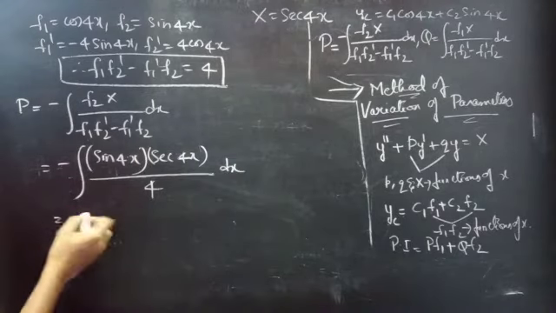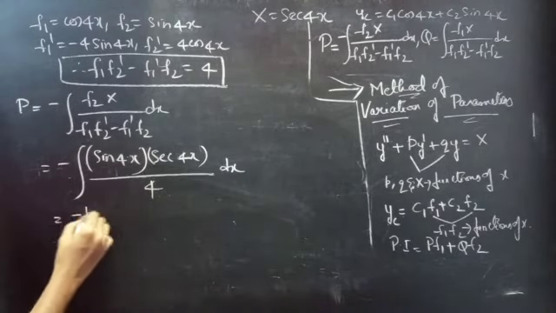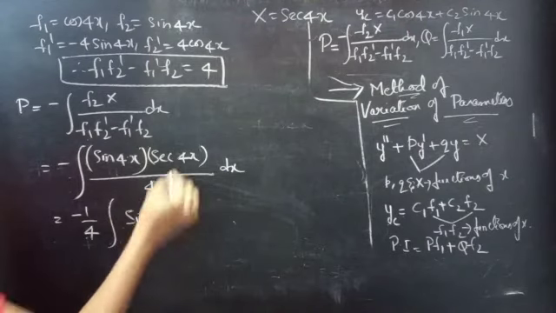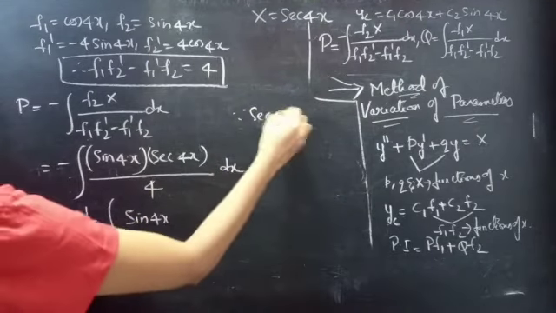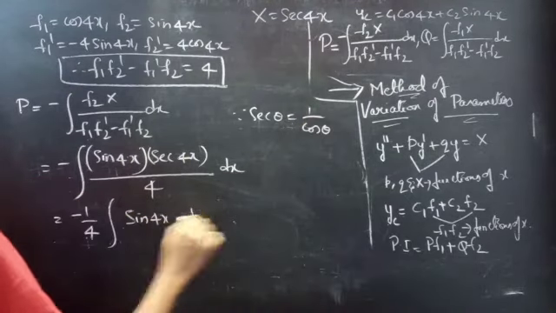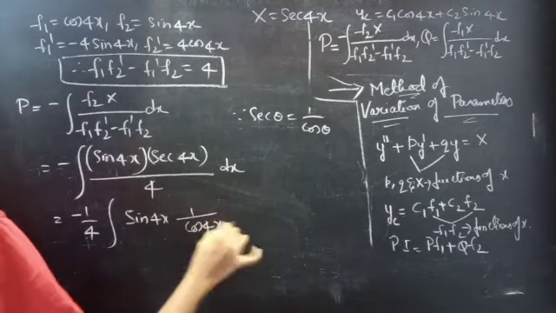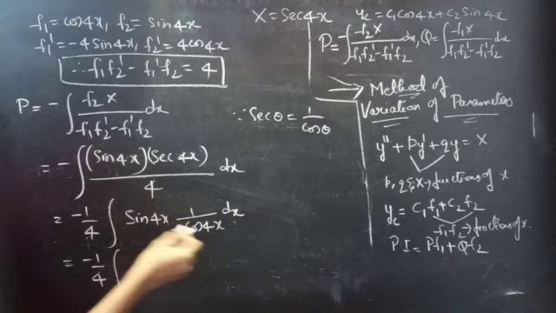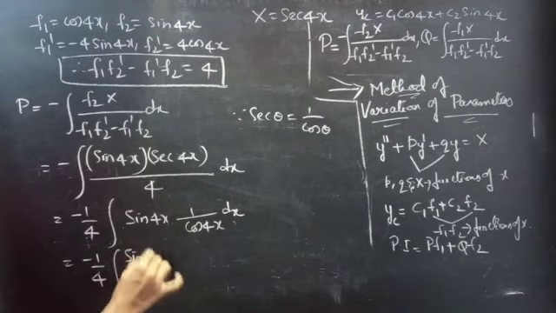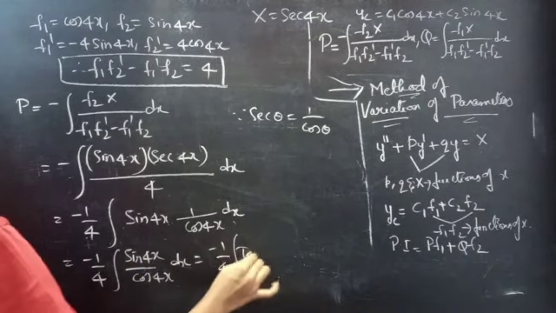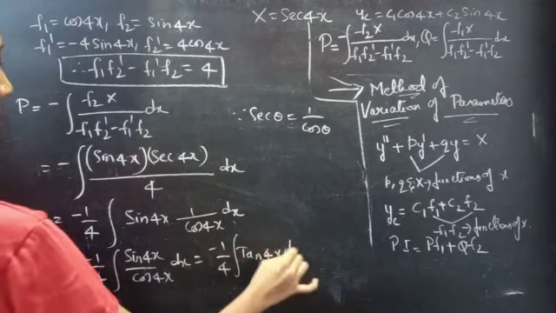So now let's take the constant 1 by 4 outside the integral. You'll get minus 1 by 4 integral sin 4x into, since we know that secant theta equals the reciprocal of cos theta, you can write secant 4x as 1 by cos 4x, into dx, right? Which equals minus 1 by 4 into integral sin 4x by cos 4x into dx, which equals minus 1 by 4 into integral tan 4x dx.